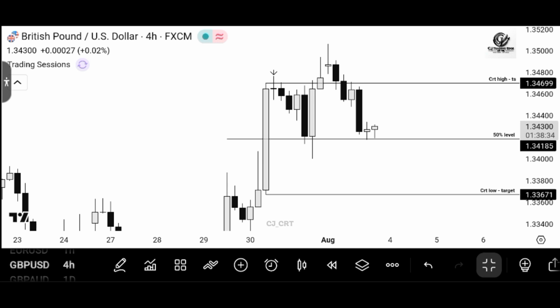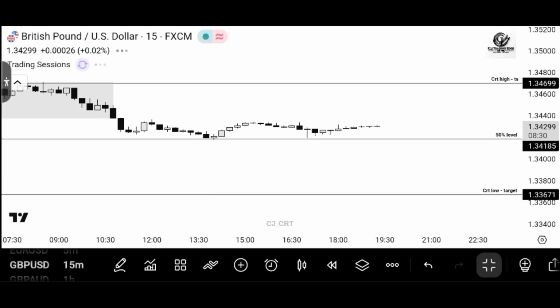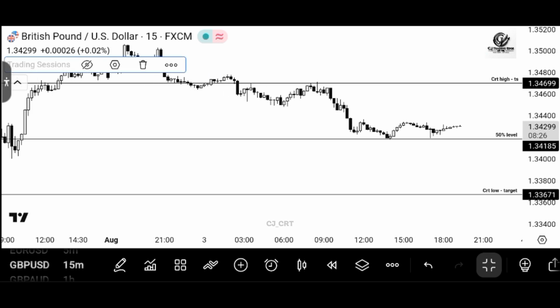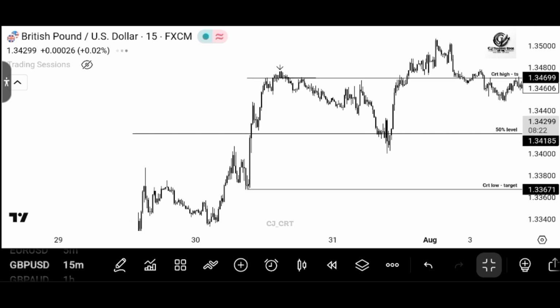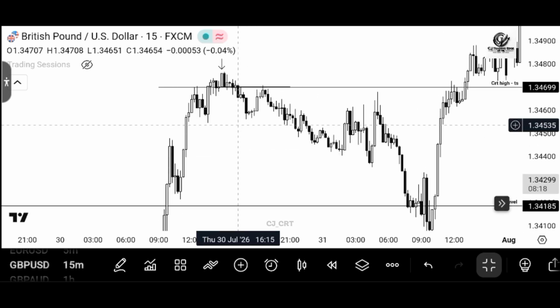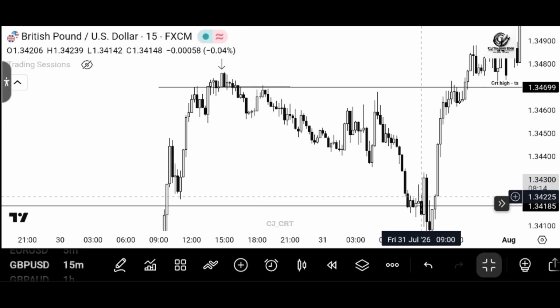So that was my entry. Two positions and then it dumped to the 50% level.